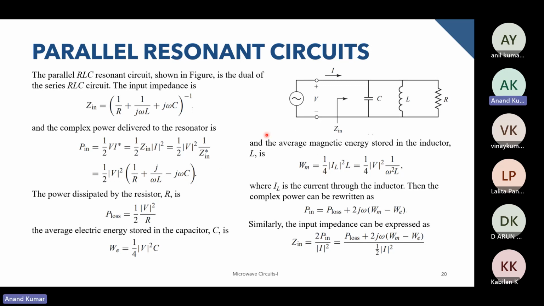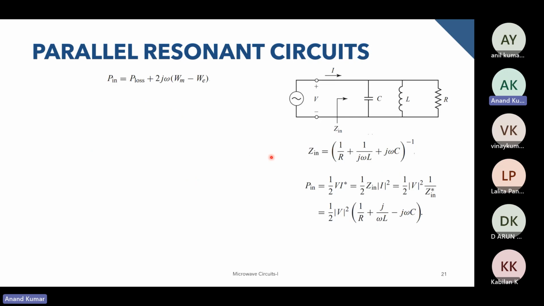So we are doing whatever was done for series resonant circuits. Okay.